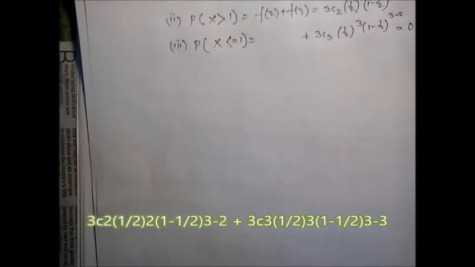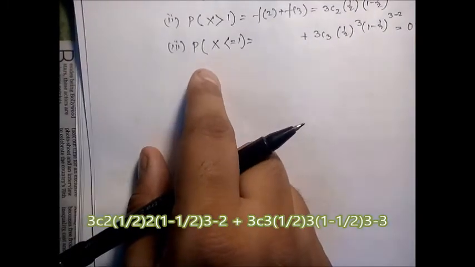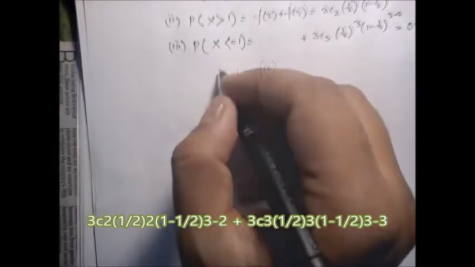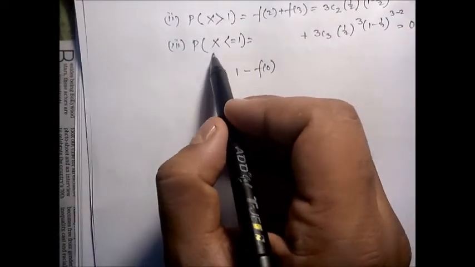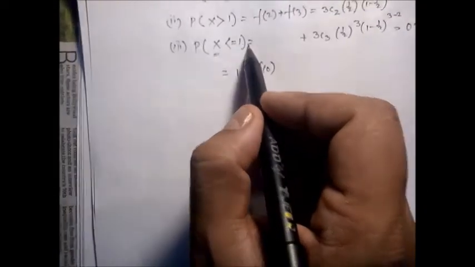Okay, and finally less than 1. So less than 1 means at least 1 head. At least 1 head means the value of x should be 1, 2 or 3.